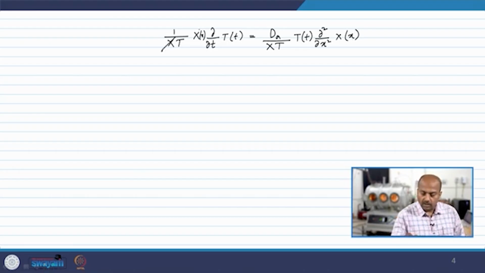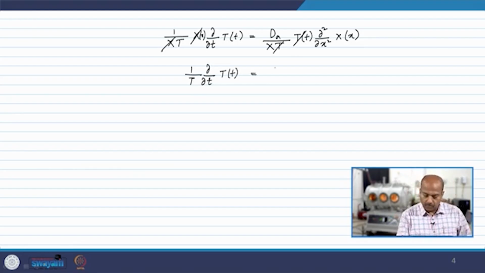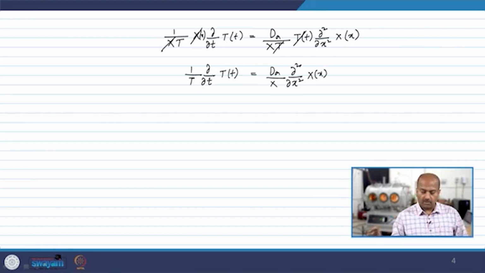So, this X will get cancelled here and this T will get cancelled here, and as a result you will get something like this, 1 by T dou by dou t of T is equals to dA by X dou square by dou x square of X(x), right.